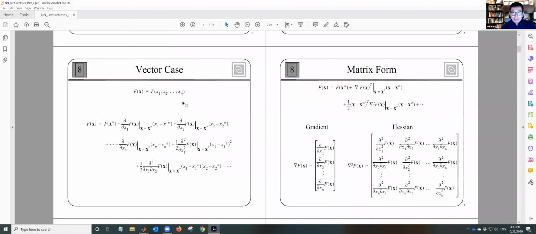Now in the vector case, we have multiple variables, x1, x2 to xn. So this is f of x, where x here is bold. In this case, we are also going to do order 0, order 1, order 2, to order n.